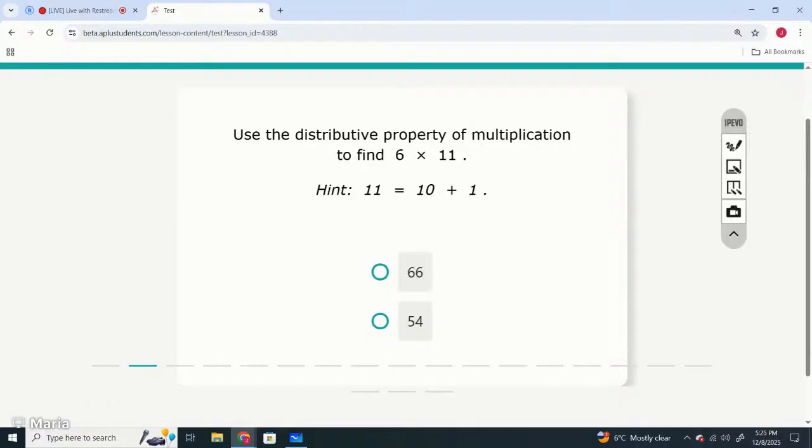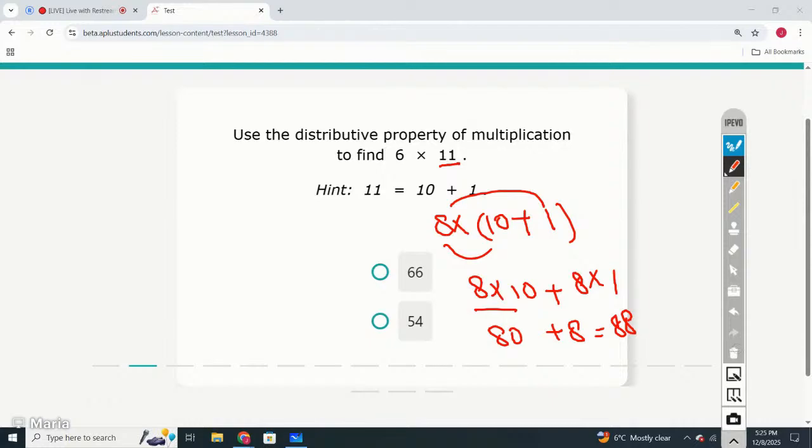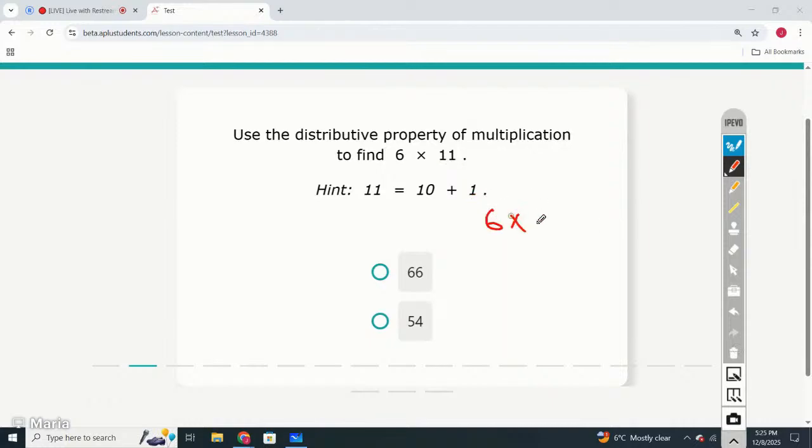So just use the hint, write 11 as 10 plus 1. Now we have to do 6 times 10 plus 6 times 1.